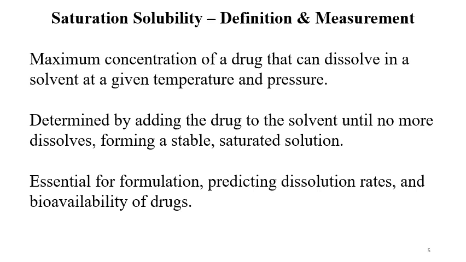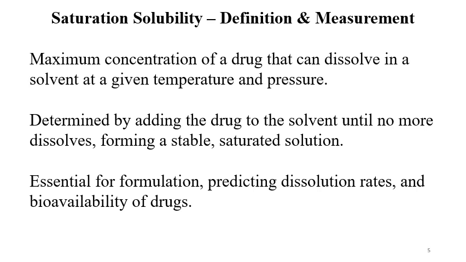You take some amount of media and go on adding the API, dissolve it, and go on adding the API till the API stops dissolving. So that means you are going to find out the point above which the drug will not dissolve in the media.